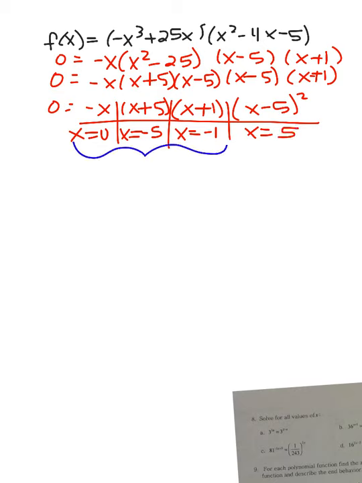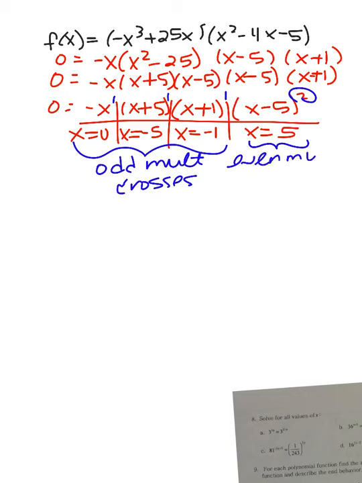For these three here, the exponent is 1, so that's an odd multiplicity, which means it crosses. For the 5, my multiplicity is even because my exponent is even, so it's tangent.